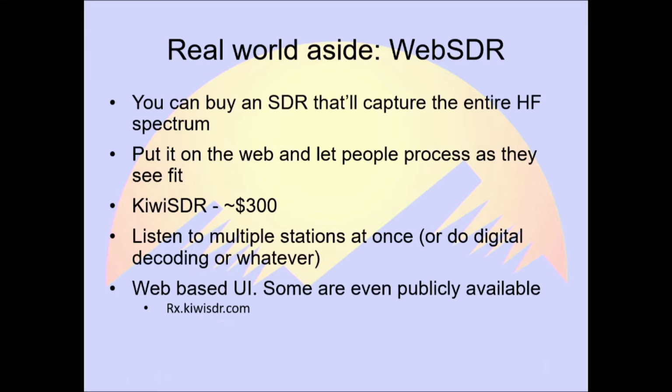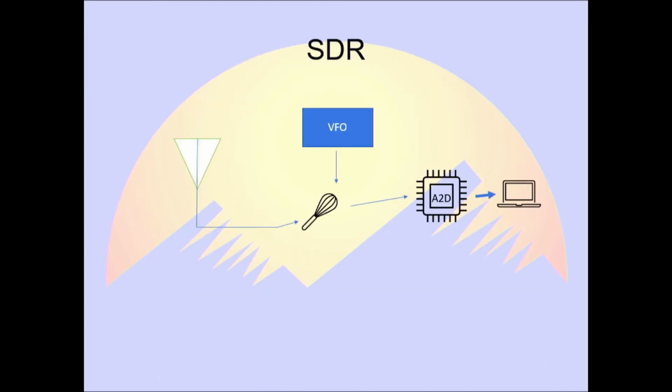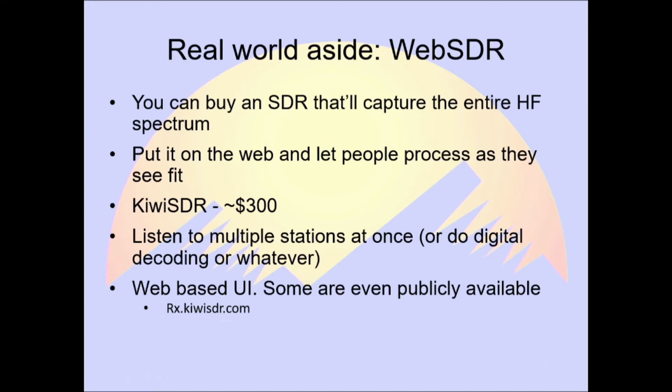That allows us to use a cheap computer instead of a very, very fast computer. But if you want to play with one of these without spending any money, go to rx.qesdr.com. They're all over the country, all over the world. They can even do some direction finding. At HF, direction finding is more of a what country is the transmitter in, not what block is it in. But it's still pretty cool.